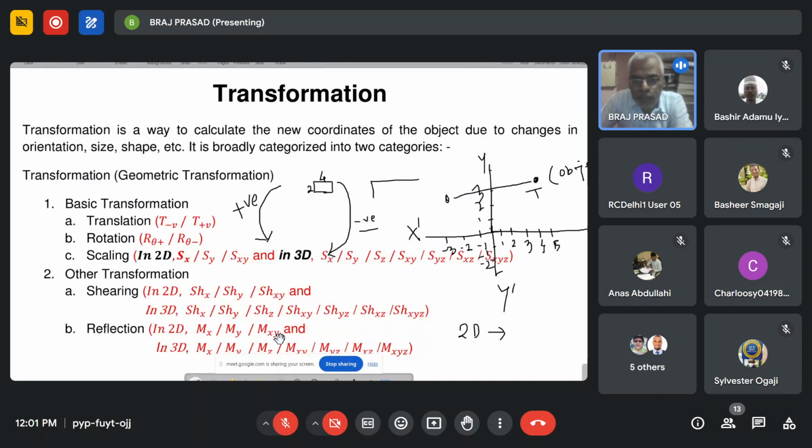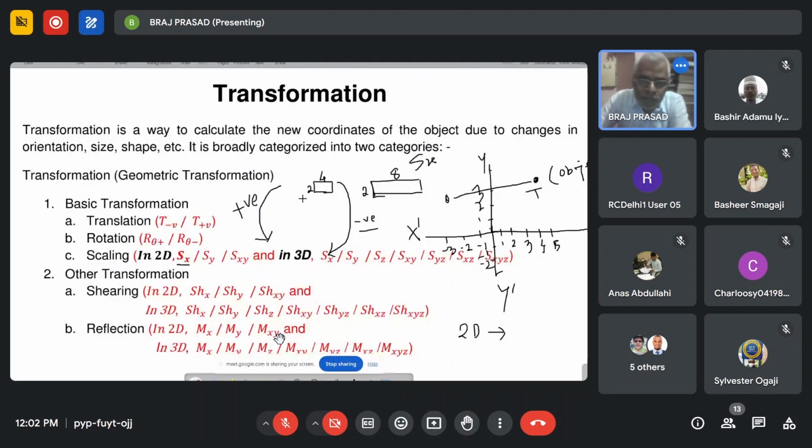The length becomes 8, but the width remains 2. So this type of scaling is called Sx, because I have scaled this object in length only, in one axis. So this is called Sx.